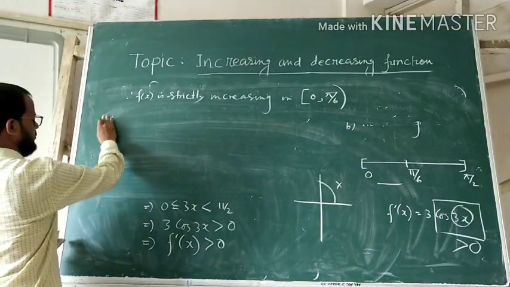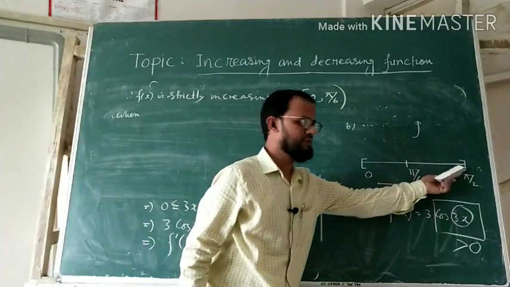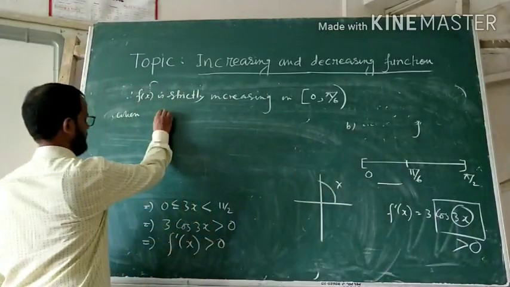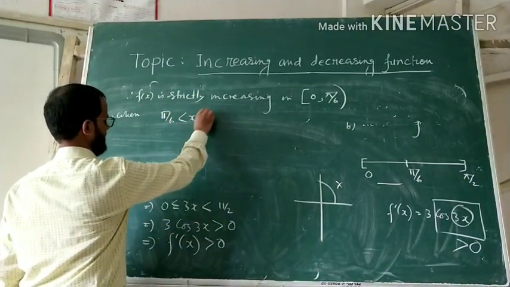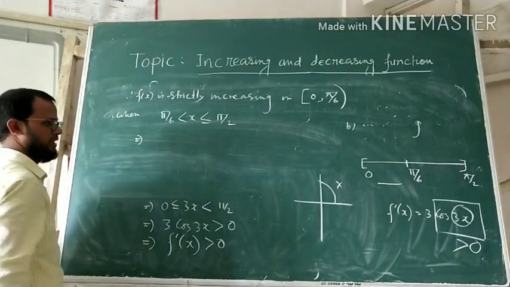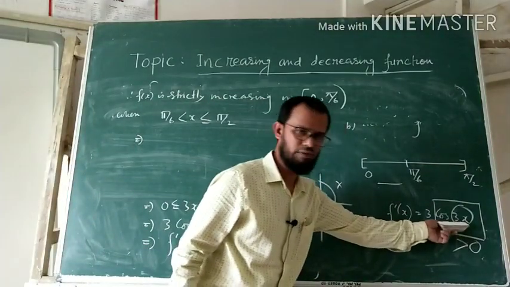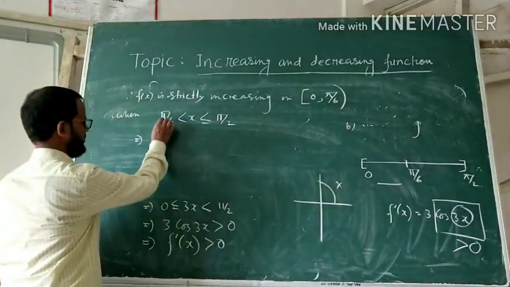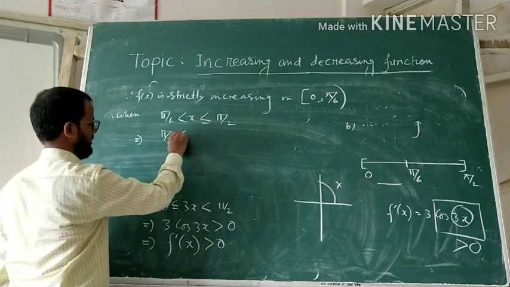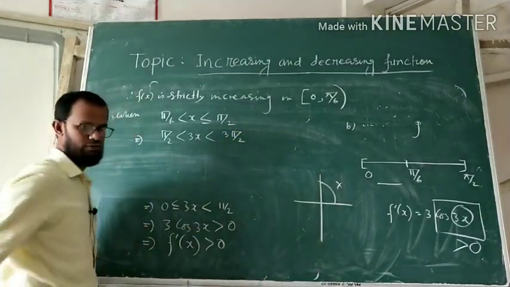Case 2, when x is lying between pi by 6 to pi by 2. So pi by 6 less than x less than equal to pi by 2. So if you multiply it, you are getting, because you need the angle 3x, 3 से multiply करो क्या होगा? It will be pi by 2 less than 3x less than equal to 3 pi by 2.